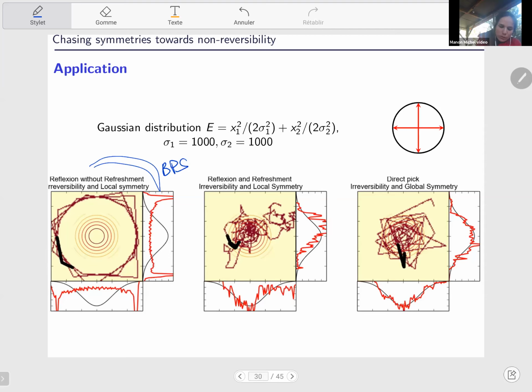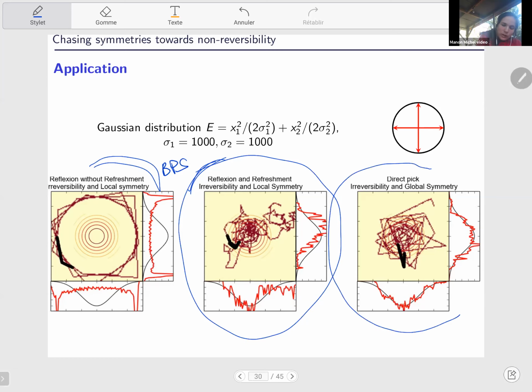So I'm just bouncing around my distribution. Here is when I add some randomness in order to be ergodic. And here is where actually I don't put any randomness, but when I have an event, I'm picking a new direction based on this global rotational balance around the gradient, okay?